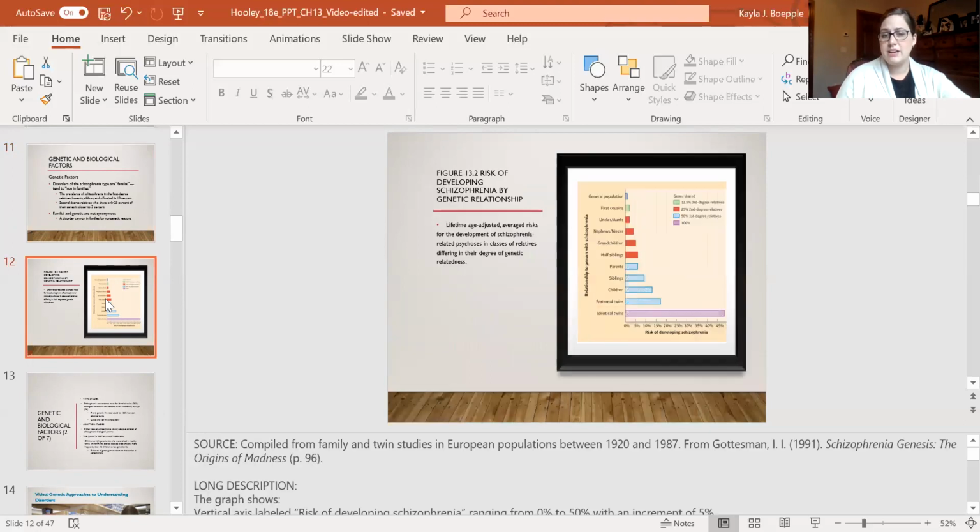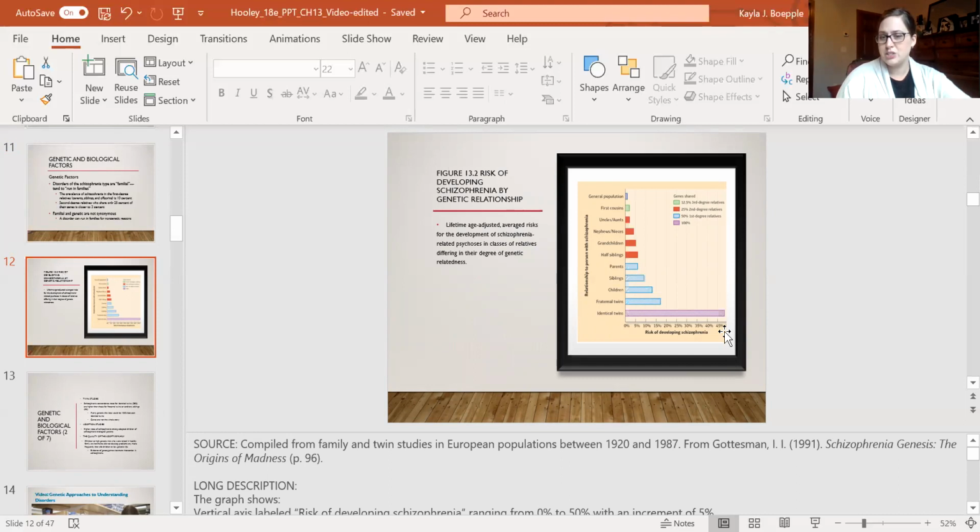And this shows a graph of your risk of developing schizophrenia based on different factors. If we look at your children, it's probably about the 12% range, siblings a little bit under 10%, but if you are an identical twin, look at how high your risk goes up here.